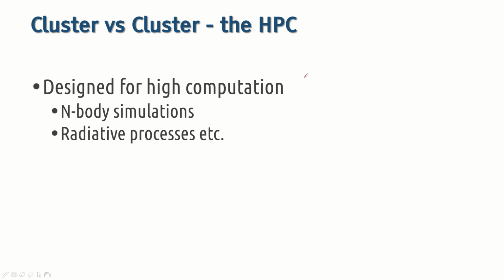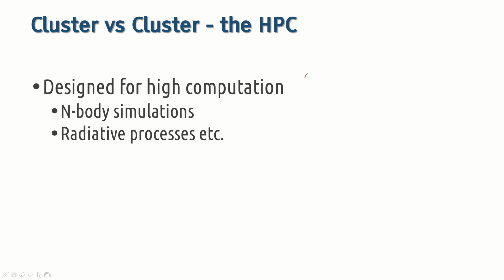And this kind of cluster is designed for high computation. For example, n-body simulations. So imagine that there's a galaxy. The galaxy is made up of like 10 power 5 stars. It is not analytically possible for us to understand what each star will do because of the gravitational influence of all the other stars. In which case, what you do is you run an n-body simulation to understand how galaxies evolve.